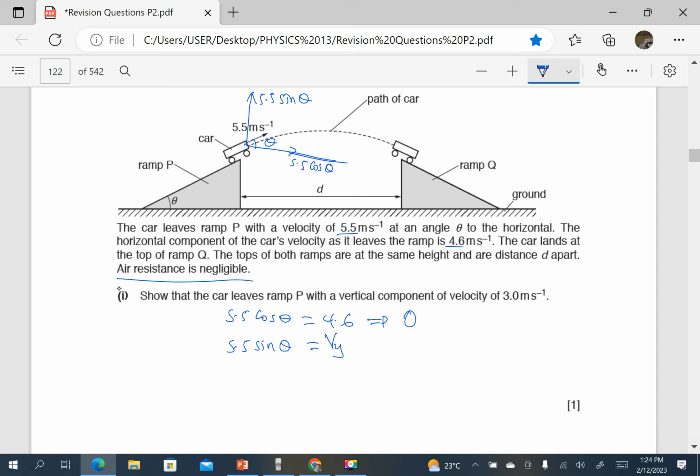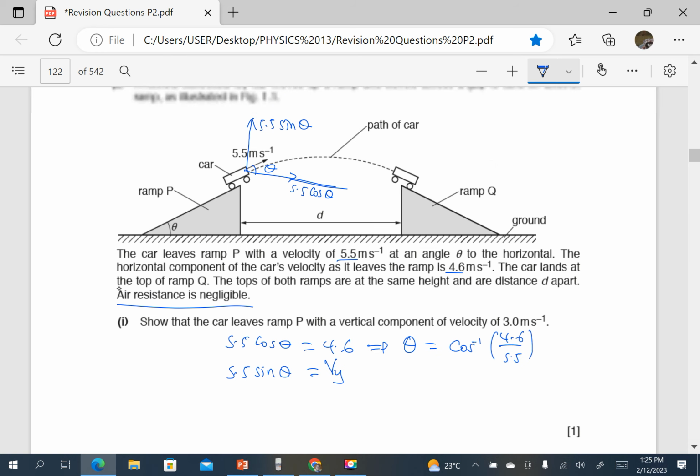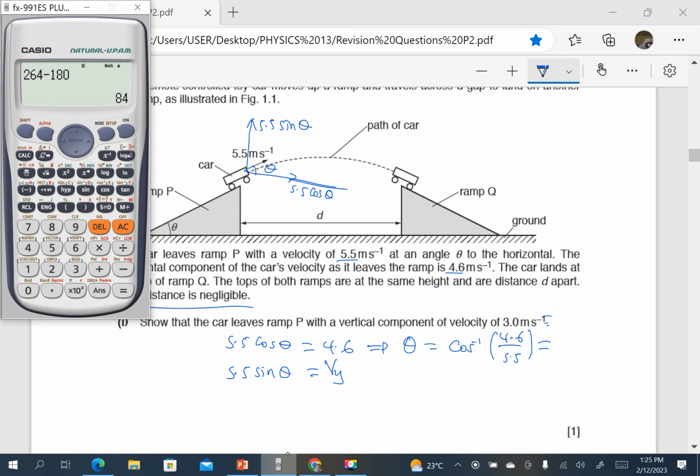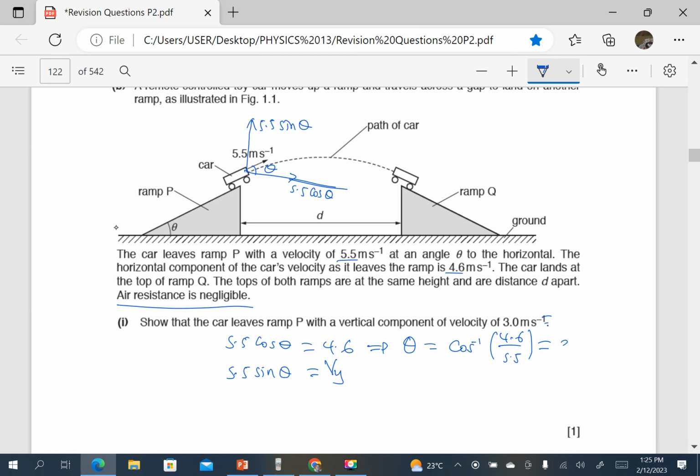Theta is going to be the cos inverse of 4.6 divided by 5.5. Theta is 33.2 degrees.